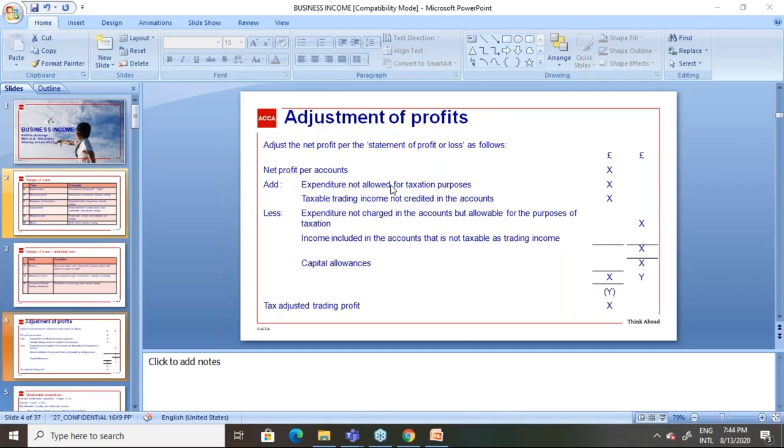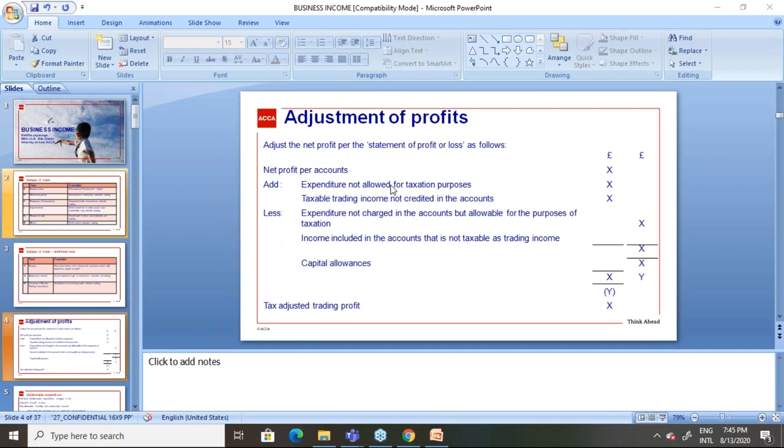The important thing that you need to understand here is that the accounting profit is different from the profit that we use for the purpose of taxation. Accounting profit is not a concept that is recognized in taxation, because those two are completely different subjects. Therefore, we cannot rely on the accounting profit that you have calculated by preparing the income statement.